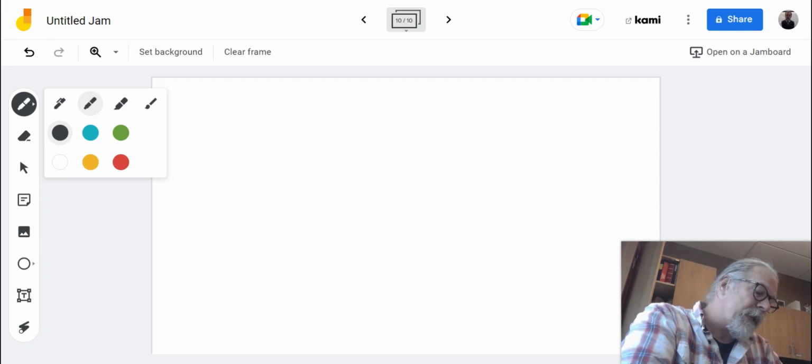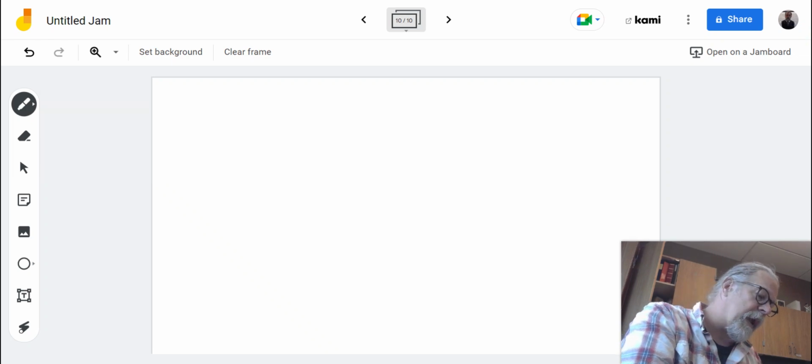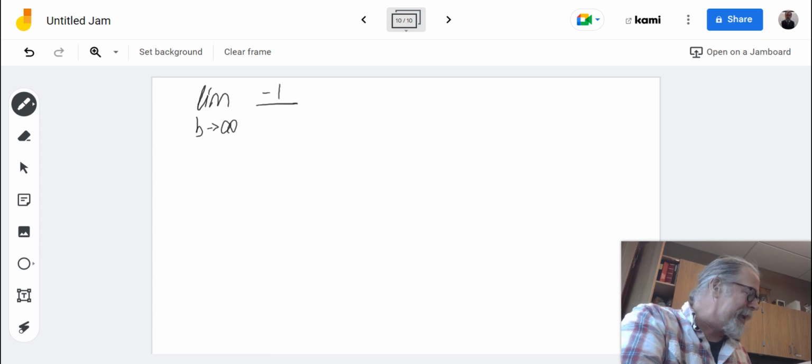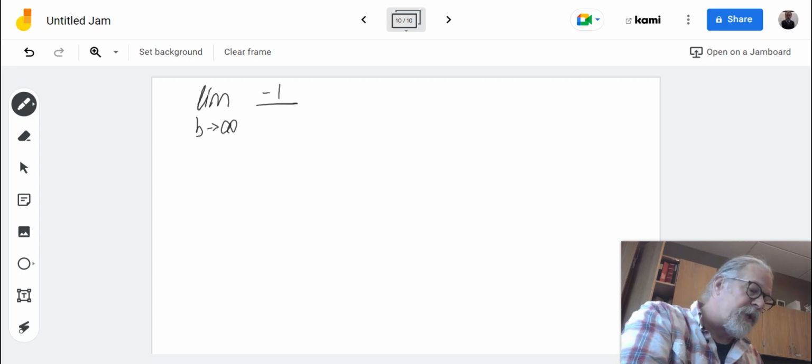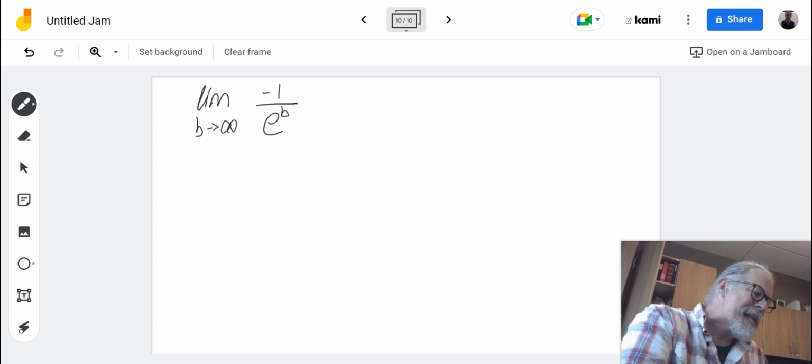We've got the derivative of negative of b plus 1 is negative 1. So whoop, I better put my limit back in here so I don't forget. And we've got e to the b, the derivative of e to the b, but that's e to the b. I said limit, I meant derivative. Of course, you knew that.